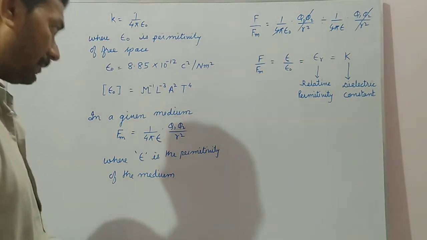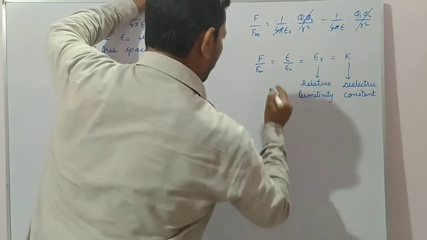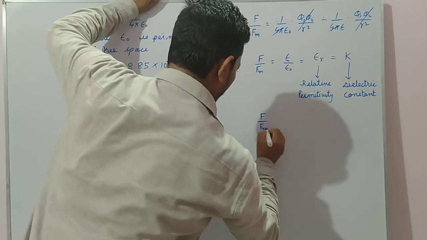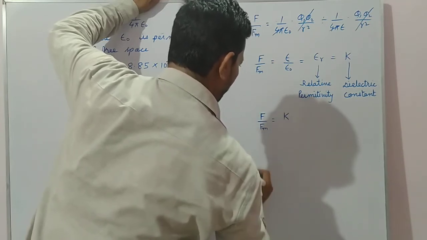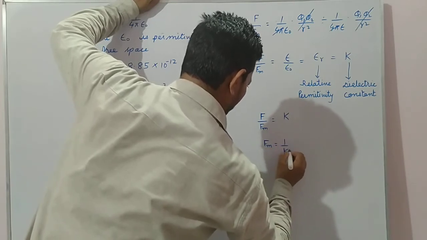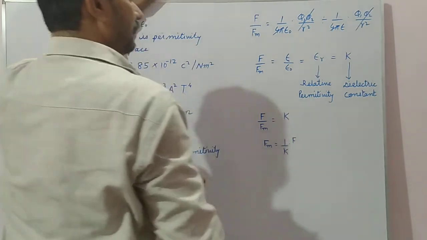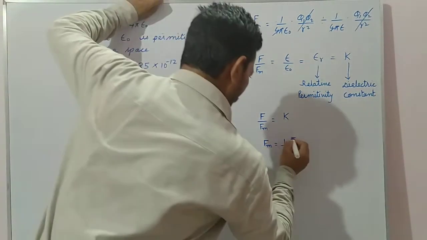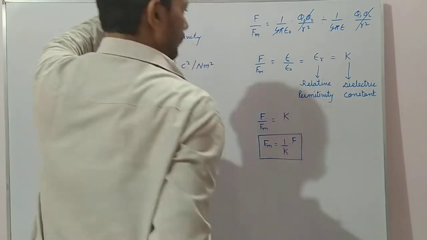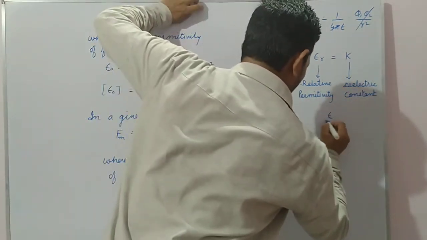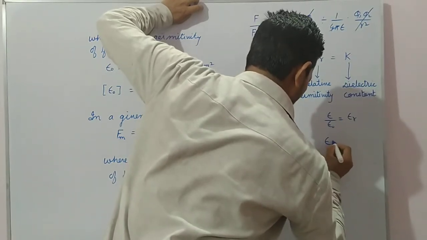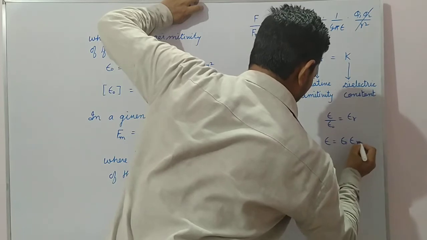Next, from here we can conclude that F by Fm is equal to K, the dielectric constant. Force in a given medium is 1 by K times the force in free space. This one relation you are getting. Next, epsilon by epsilon naught is equal to epsilon r, or epsilon is epsilon naught into epsilon r.